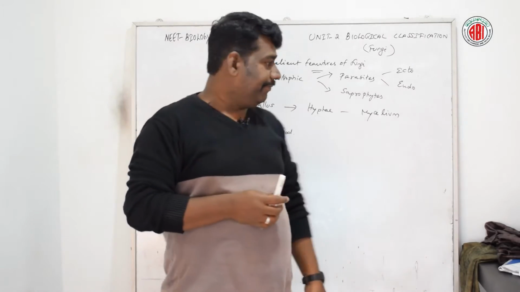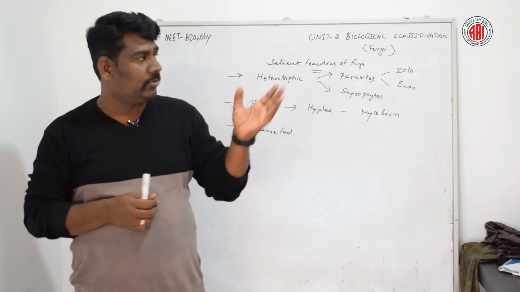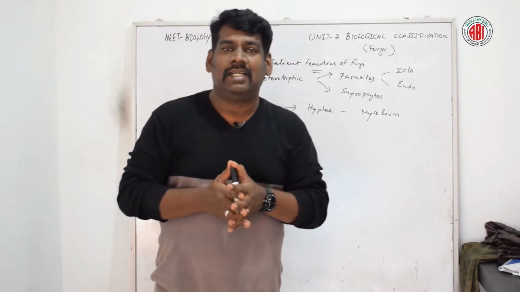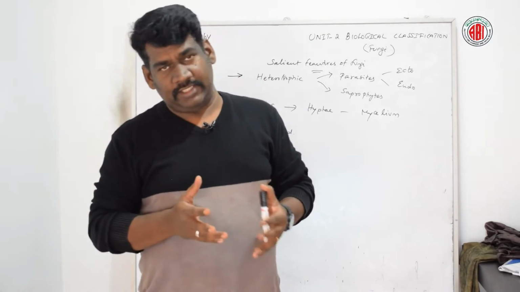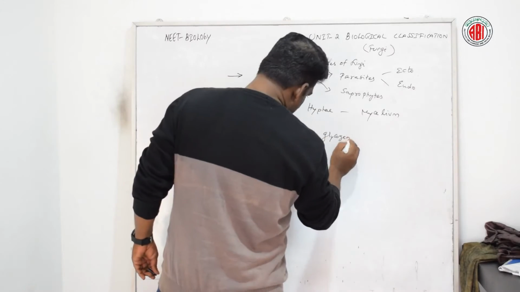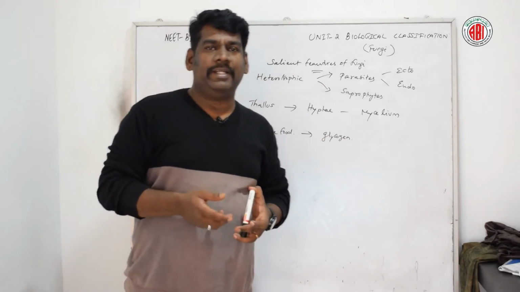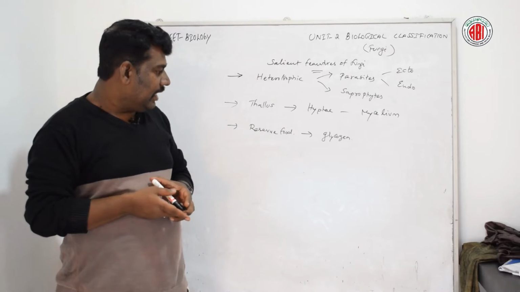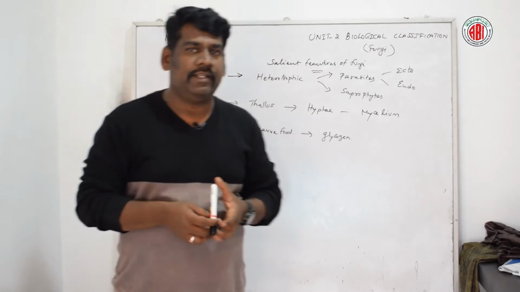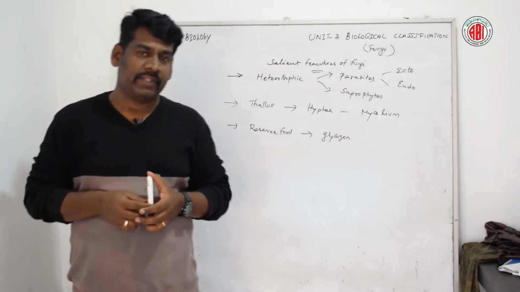In the organisms belonging to kingdom fungi, the reserve food is glycogen. Glycogen and oil globules are the reserve food. Oil globules are nothing but lipids or fats. These are the reserve food for generating energy in kingdom fungi.